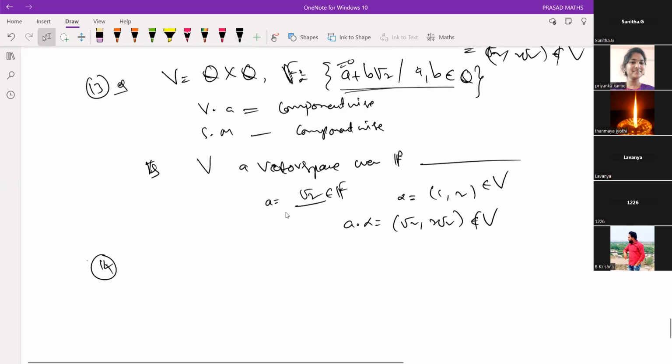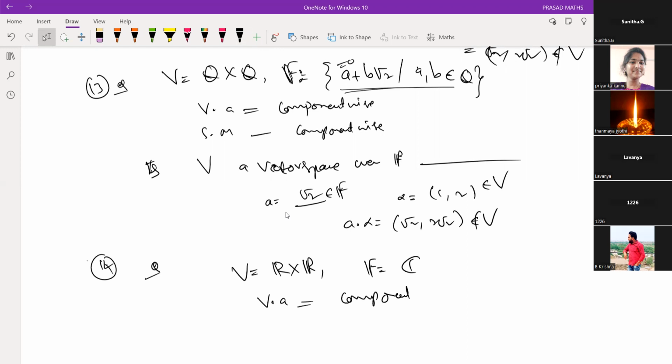Suppose you take V equal to R cross R, and I take F to be the complex numbers. Vector addition is again component wise, and scalar multiplication is also component wise. The question is, is V a vector space?